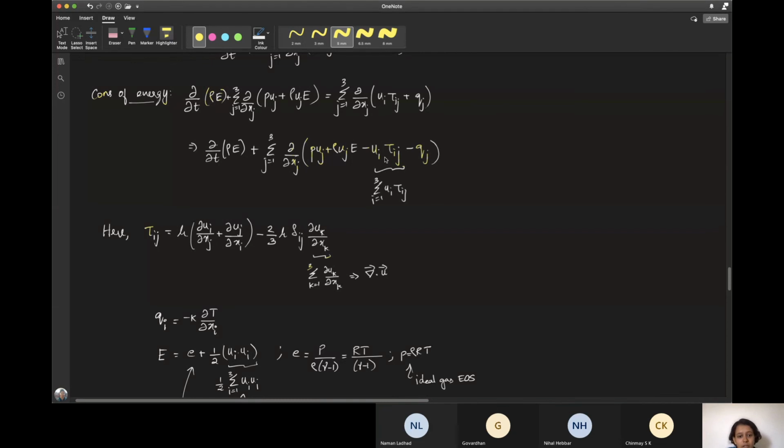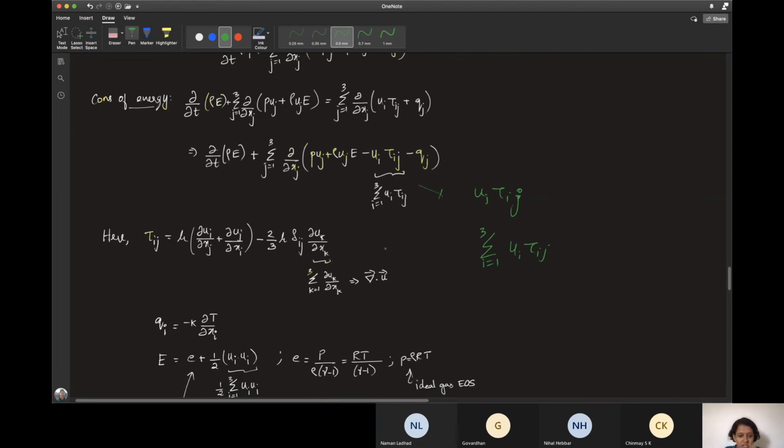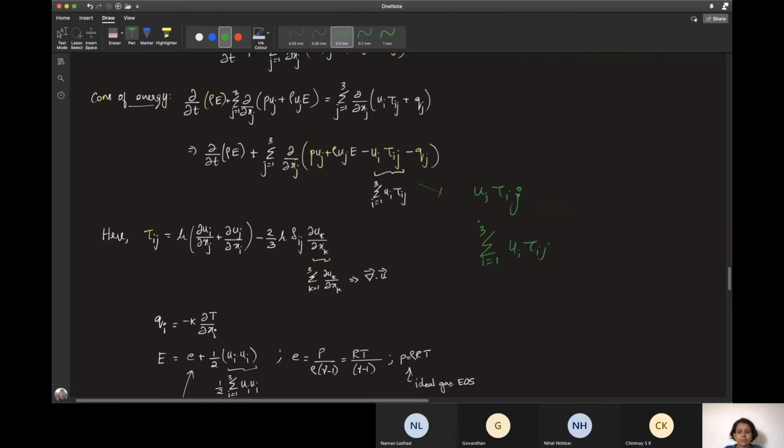So when indices are repeated, when you write something as ui tau ij, in this case i is repeated, right? When an index is repeated twice, it means that we are summing over that index. This is Einstein's summation convention.